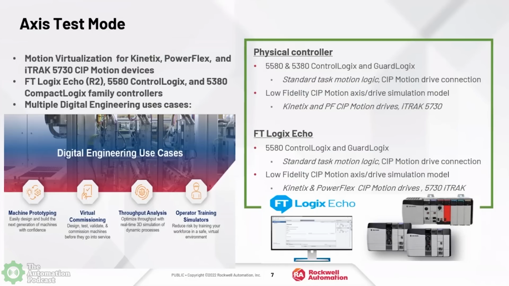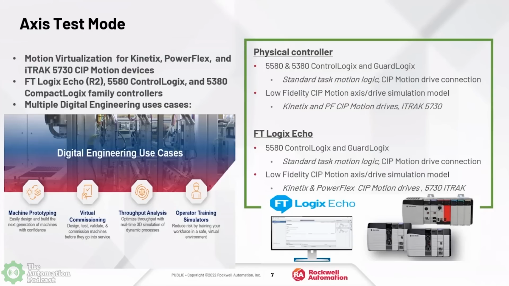This is going to support both physical and emulated controllers. So this is going to support the 5580 and 5380, both standard and safety, for the physical controller side of things. But it is also going to support 5580 controllers, standard and safety, using the upcoming release of FactoryTalk Logix Echo release 2. So this is an exciting thing that's happening in the motion space.